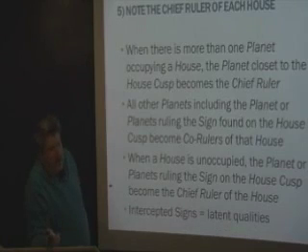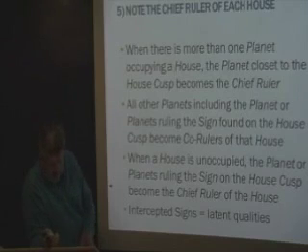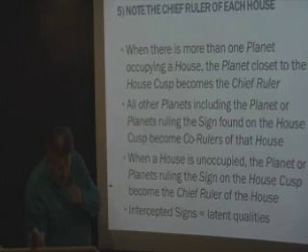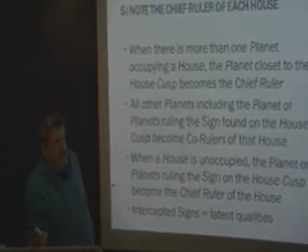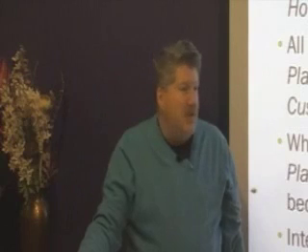All right, here's another complex thought, but we don't have to spend a lot of time on it. There are also what are called intercepted signs in a chart. In the chart that we're looking at today, what happens is, because of the latitude of birth, the further north or south you go from the equator, you have to think of having spokes of a wheel kind of at the racetrack.